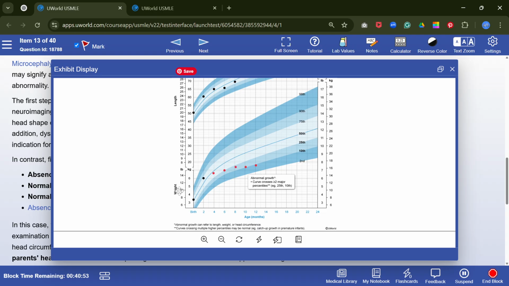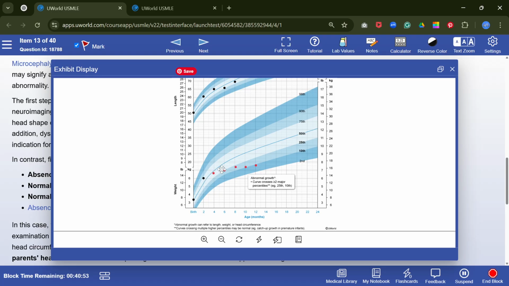But look at these. From birth to 2 months there is elevation, near about the 50th percentile, then it starts declining.